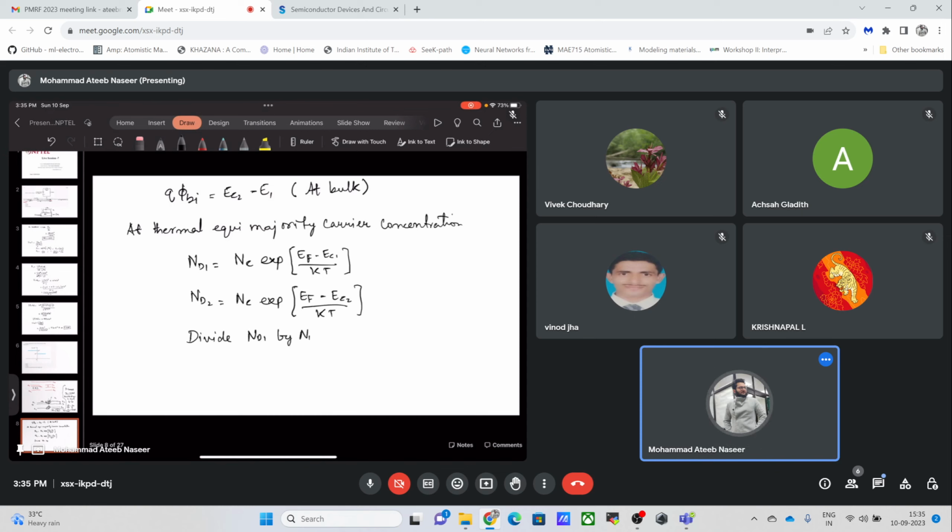So ND1 by ND2 is equal to NC, and NC will cancel, so it would be exponential of EF minus EC1 by KT divided by exponential of EF minus EC2 by KT, or simply exponential of EC2 minus EC1 by KT.